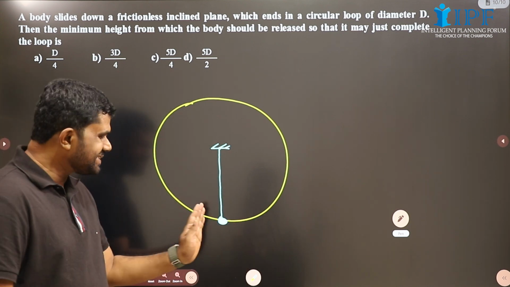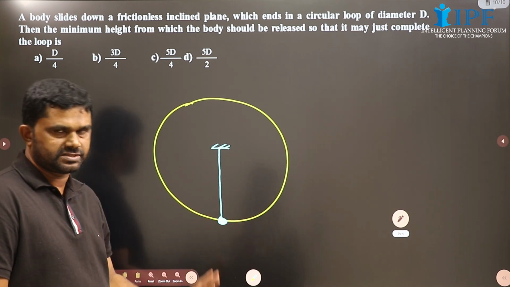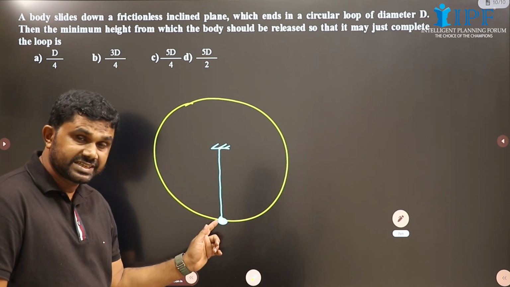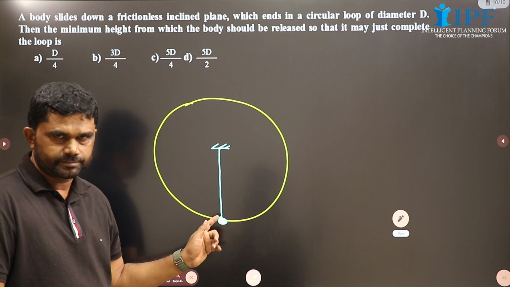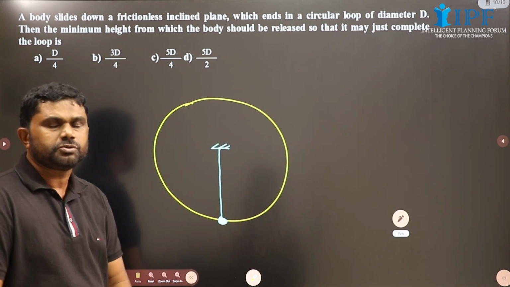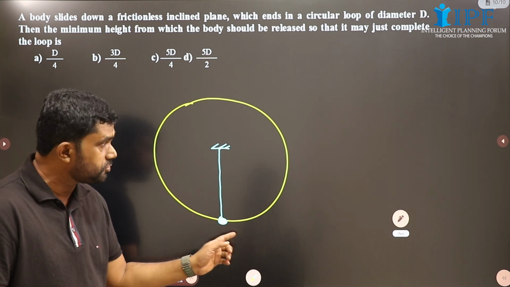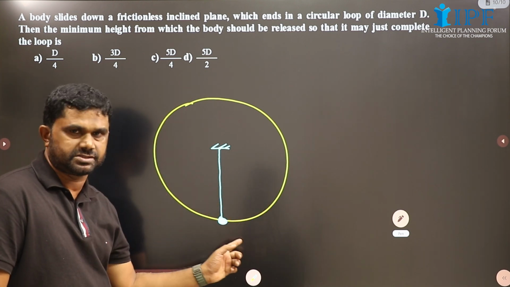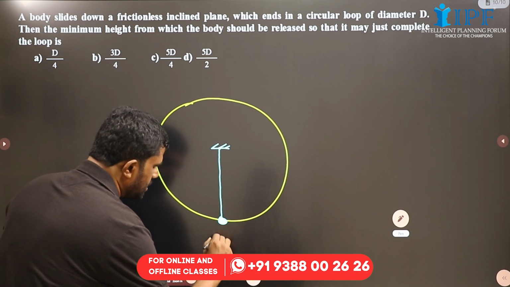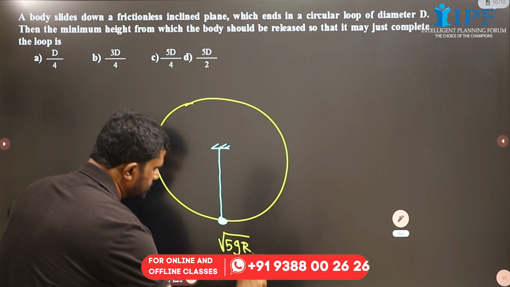Suppose some velocity is given to the body at the lowest point. It will go like this and return after some time. If the velocity given at the lowest point is increased, it will go some more and then return. So there is a minimum velocity that must be given to the body at the lowest point so as to just complete the vertical circle, and it is root of 5gr.